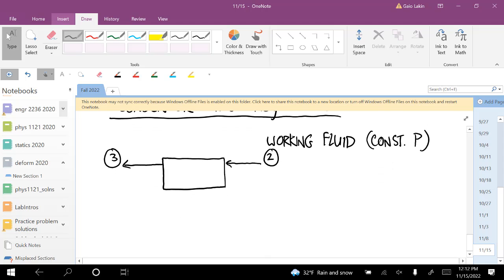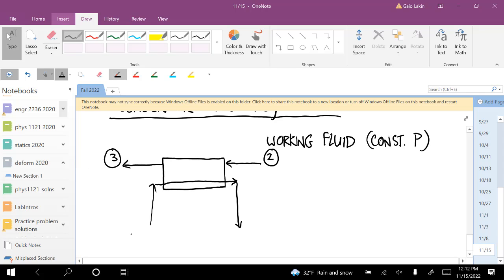But then there's something else going on too. There is also water flowing against this working fluid that's taking the heat from the working fluid.